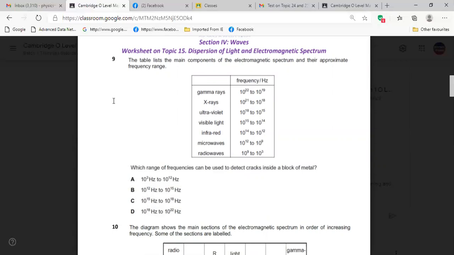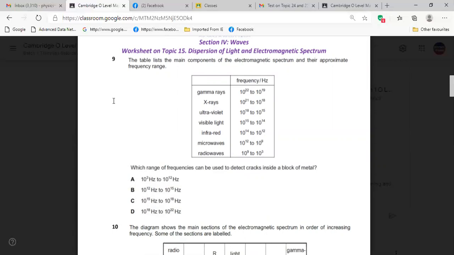Question 9. Can you read, Monica? The table lists the main components of the electromagnetic spectrum and their approximate frequency range.